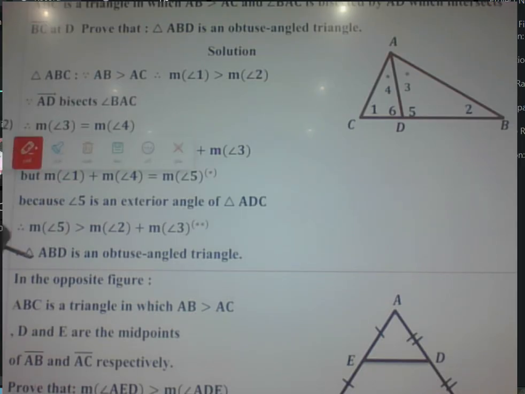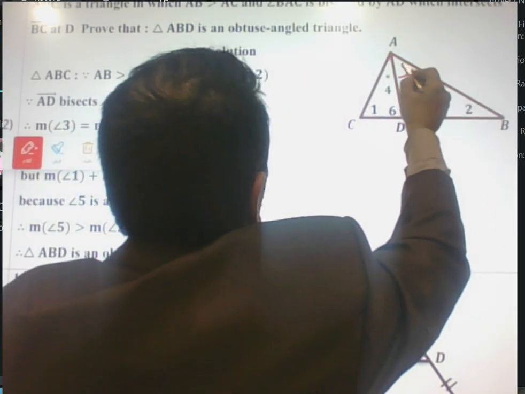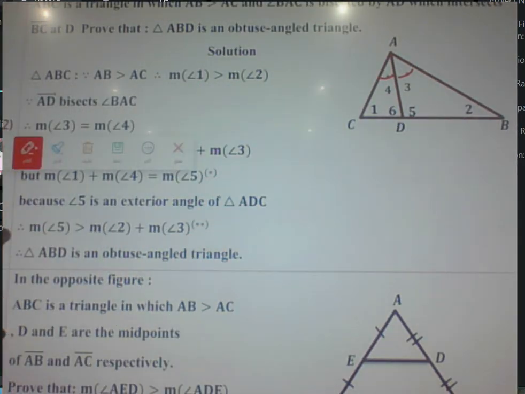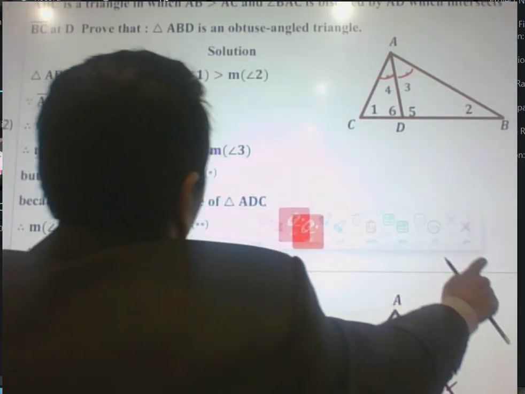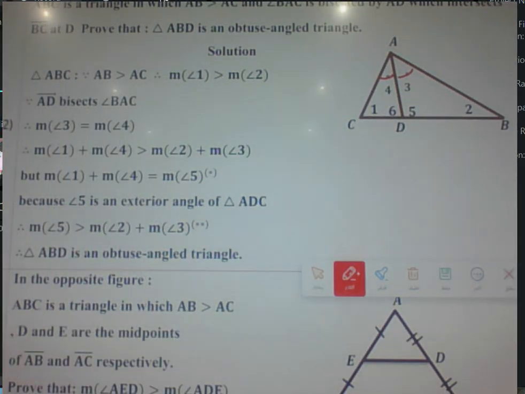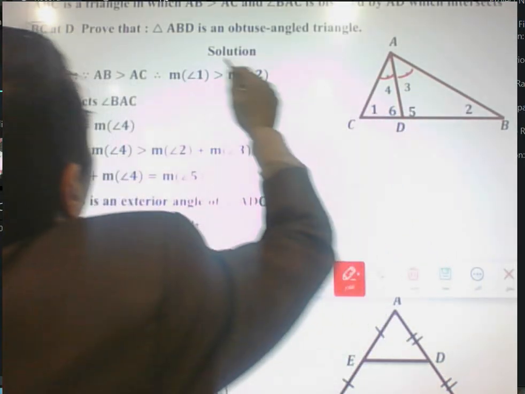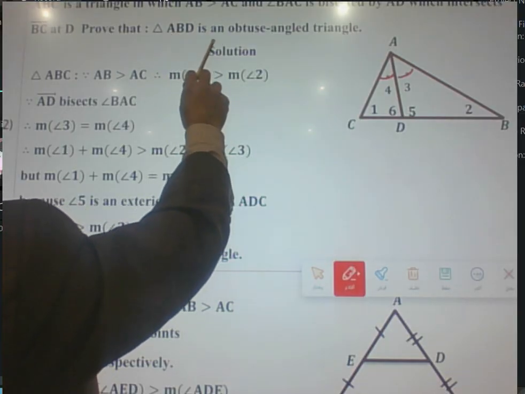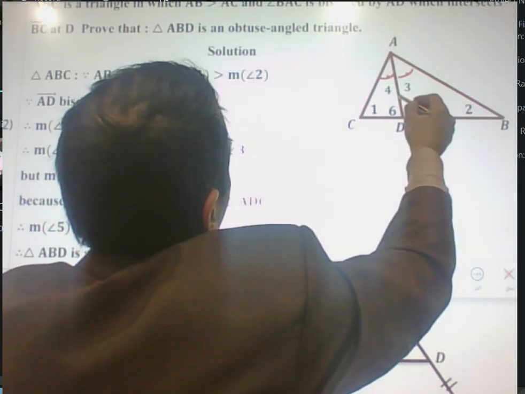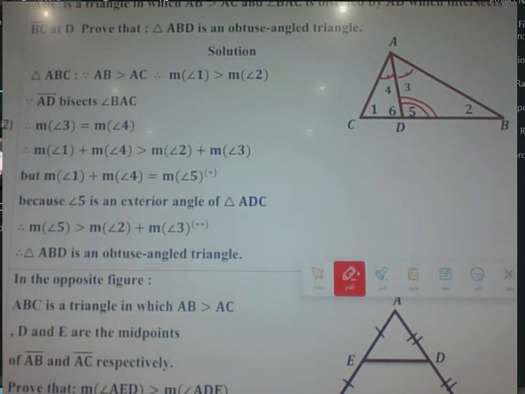We have two angles here that are equal in measure: angle 3 and angle 4 are equivalent, because the ray AD bisects the angle. The measure of angle 4 equals the measure of angle 3. And AD intersects CB at a point D. ABD is an obtuse triangle. This angle here, whose measure is greater than 90 and less than 180, we call an obtuse angle.